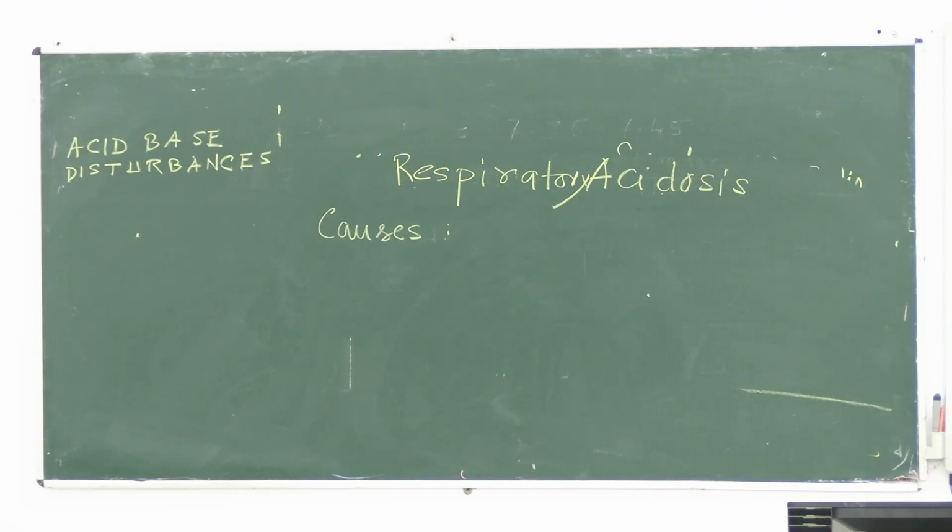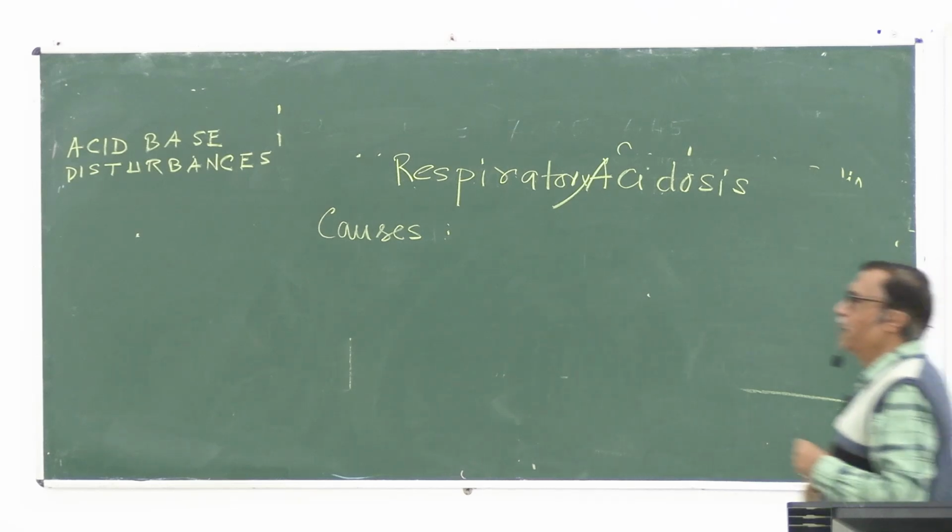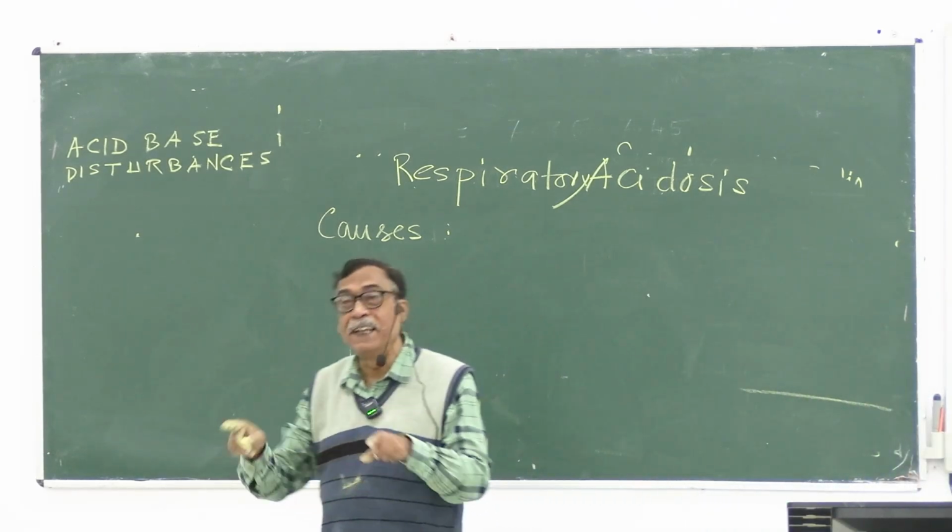In case of respiratory acidosis, there is primary increase of the PCO2 and secondary increase of bicarbonate. Primary increase of the carbon dioxide means carbon dioxide will be retained.